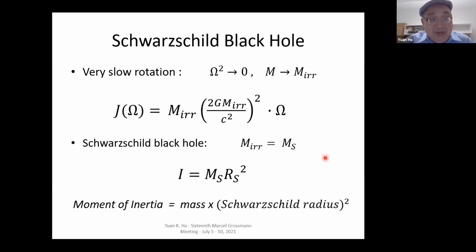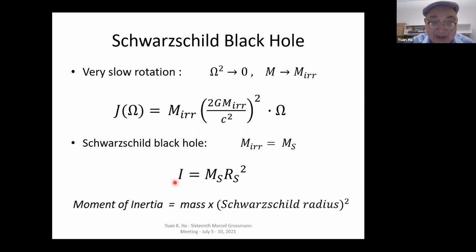Now, when the rotation stops, we expect to have a Schwarzschild black hole. In this case, the angular momentum and angular velocity squared will become 0 first. The Kerr mass will become the Schwarzschild mass, and the ergosphere radius will become the Schwarzschild radius. So the moment of inertia of the Schwarzschild black hole is the irreducible mass times the Schwarzschild radius squared.